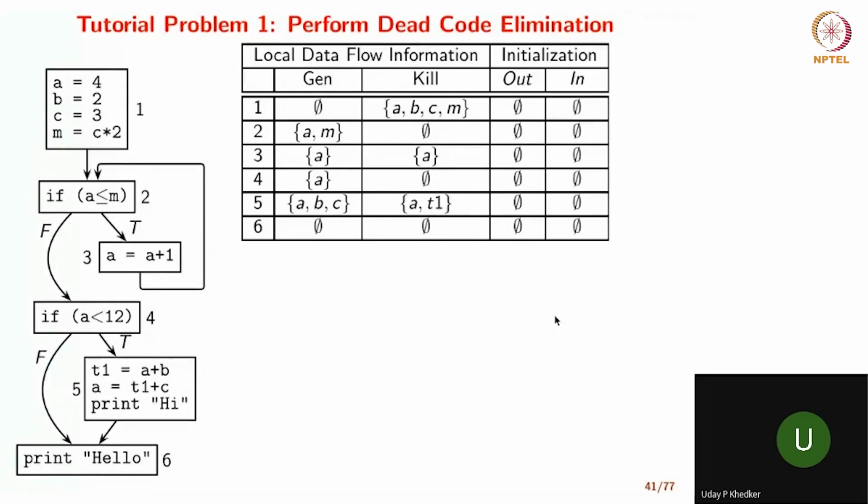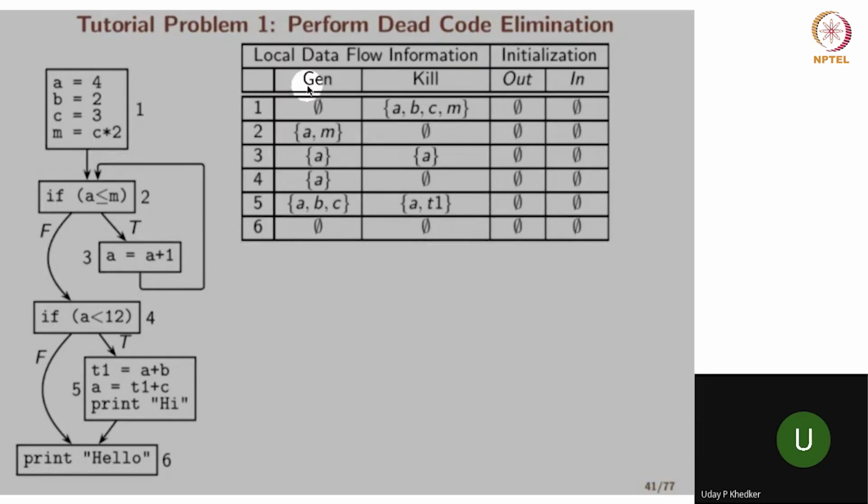So let's look at the first tutorial problem. We want to perform dead code elimination here. So this is some program. Again, let's not worry too much about what this program does. We are interested in seeing what we can do with this particular program. So let's observe the gen and kill. In basic block 1, gen is the empty set.